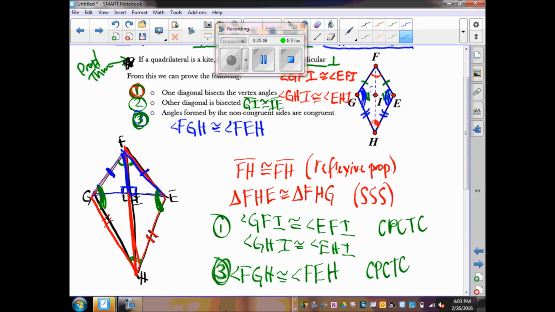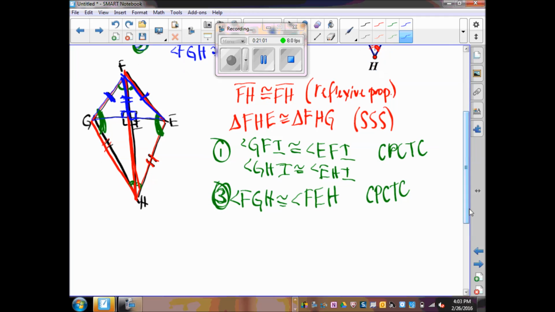Well, remember that HL theorem, the hypotenuse leg? These are right triangles, so we can use hypotenuse leg. We have the hypotenuse, the congruent pieces, and then the shared leg, which is congruent to itself. So again, we're going to use that reflexive property. So we know that FI is congruent to FI. It is a reflexive property.